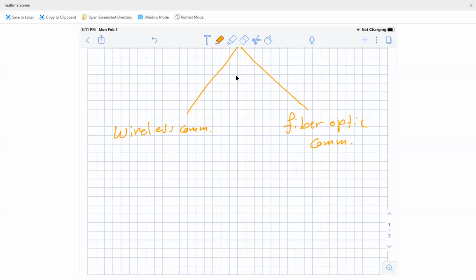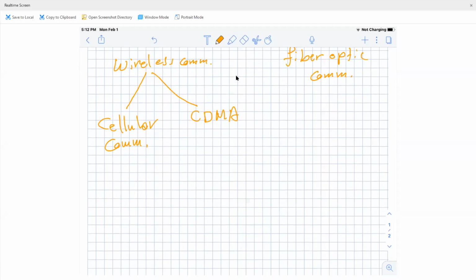Now, wireless communication consists of basically the following parts. First of all, we are going to talk about the cellular communication system, and then we are going to talk about the CDMA system. Of course, in the cellular communication system, we have many topics. The most important property of the cellular communication system is frequency reuse.